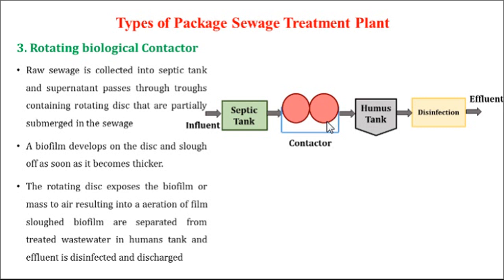The rotating disc exposes the biofilm to air, resulting in aeration of the film. Sloughed biofilm is separated from the treated wastewater in a humus tank, and the effluent is disinfected and discharged. So this is the humus tank. Here disinfection takes place and then the treated wastewater is taken out.